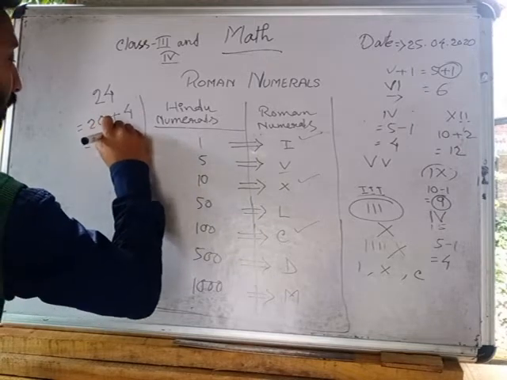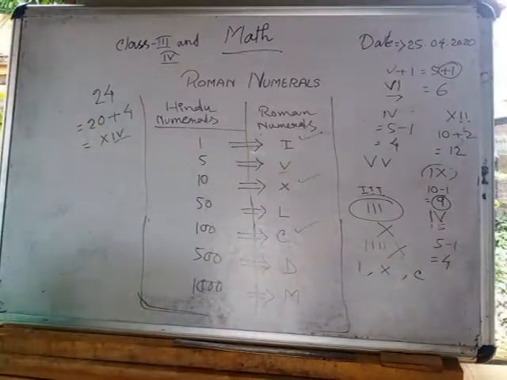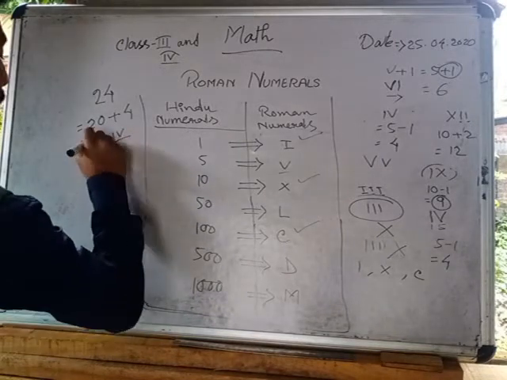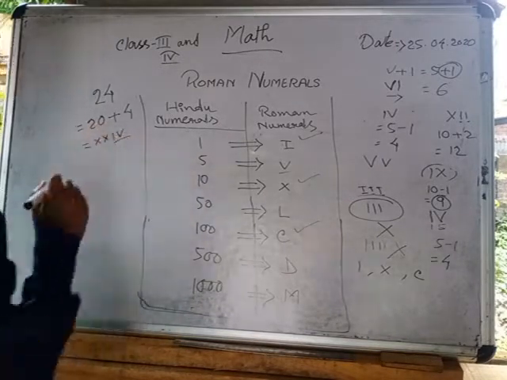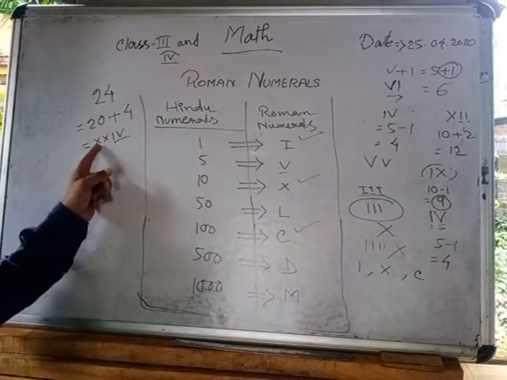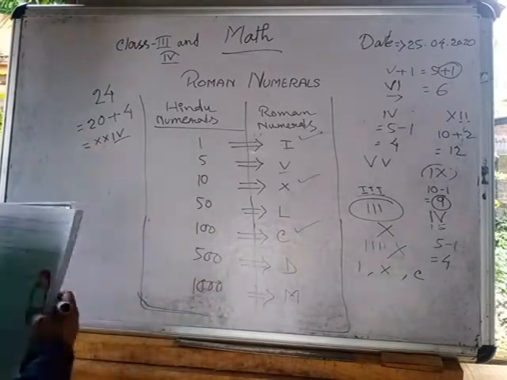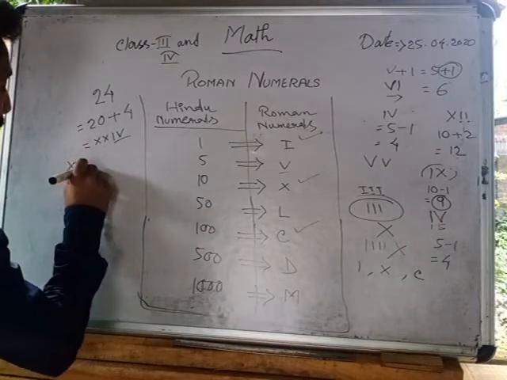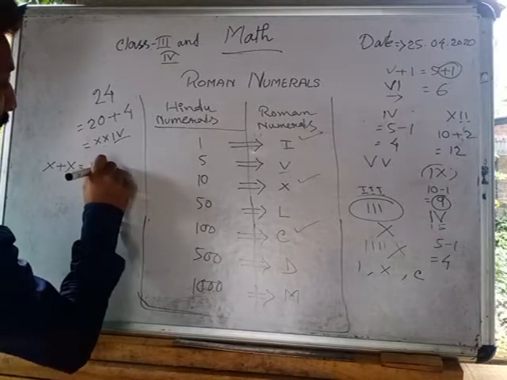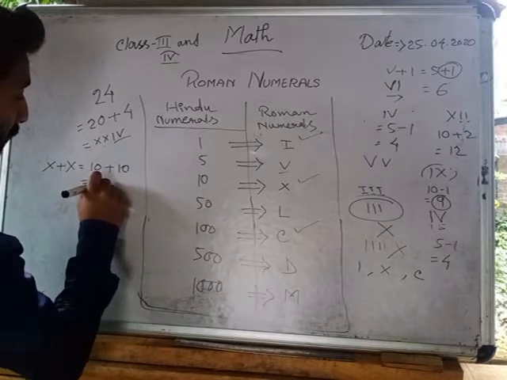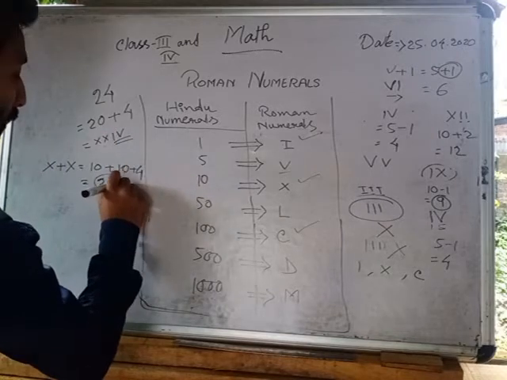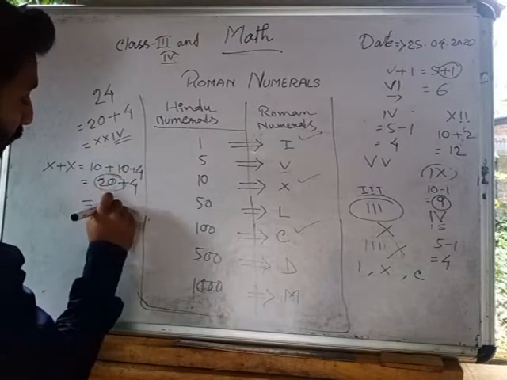XX means 10 plus 10, that is 20, and IV is 4, so 20 plus 4 is 24.